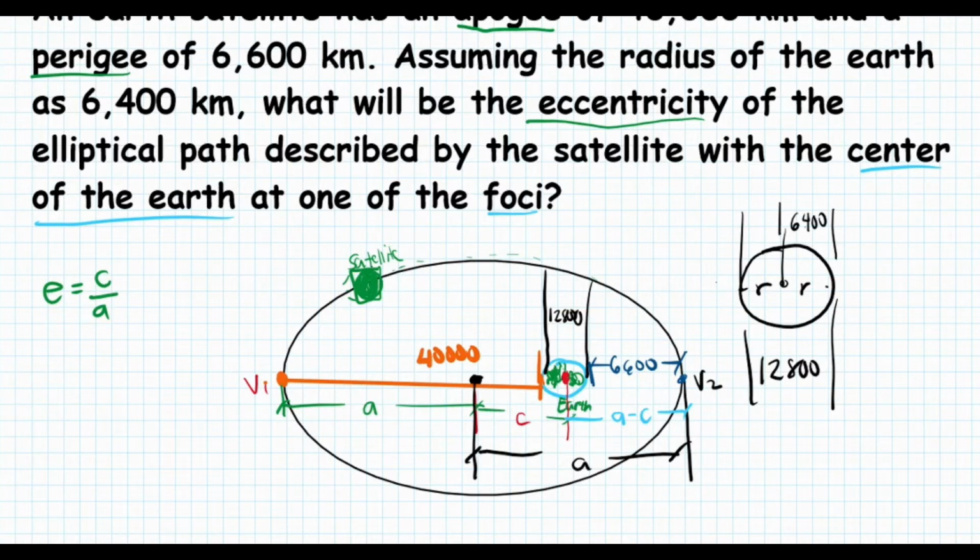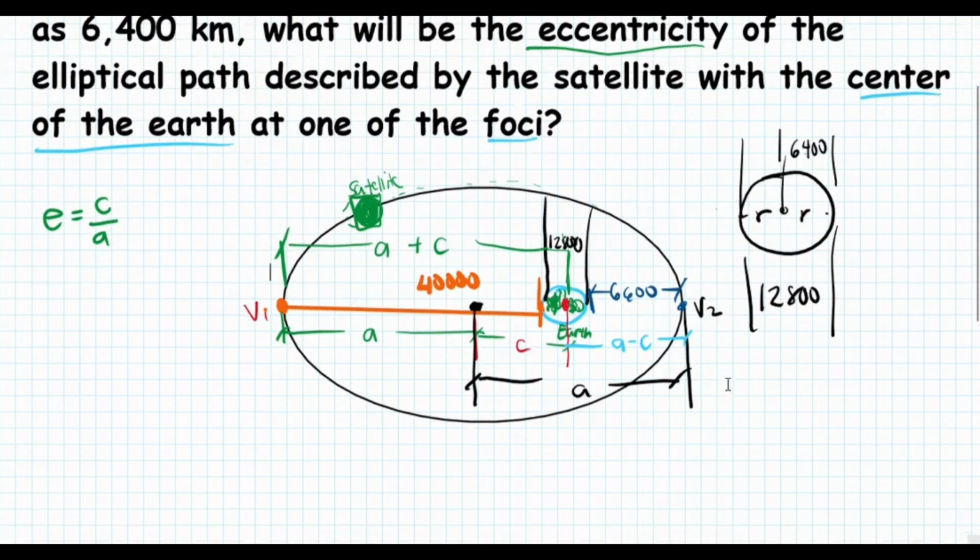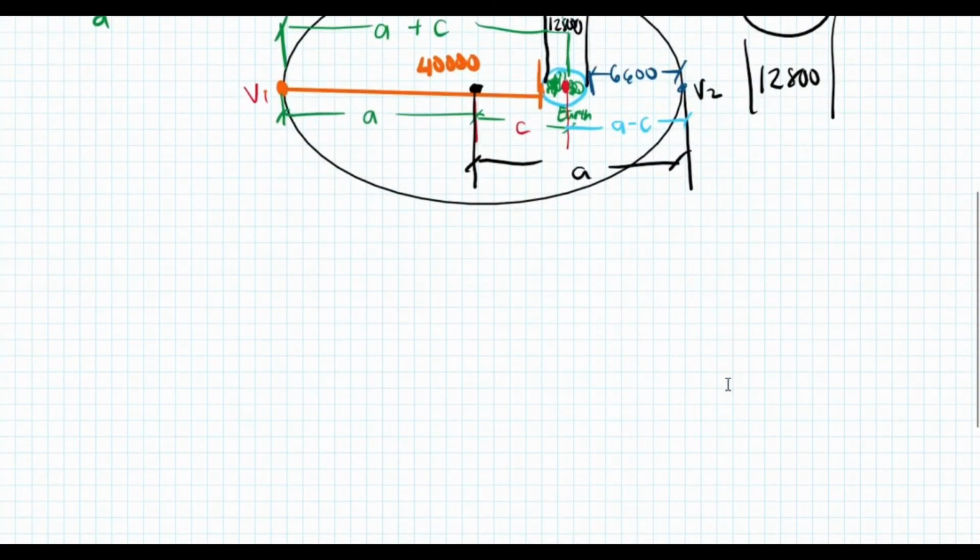Ibig sabihin, mula dito hanggang dito, that will be equal to A plus C. Simple mathematics lang naman yan. Ngayon, hanapin natin yung value ni A at saka ni C. Sorry, medyo magulo yung drawing ko, pero maiintindihan natin yan. Parang ganito siya, guys.